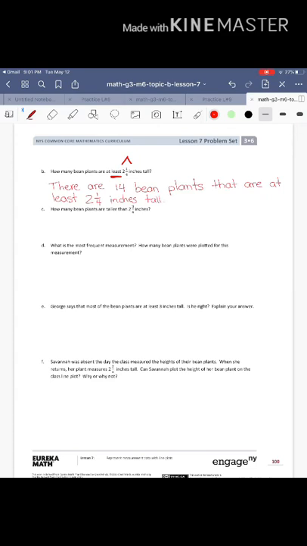So remember, when it says at least, it means the minimum. At least minimum 2 and 1/4 and up.